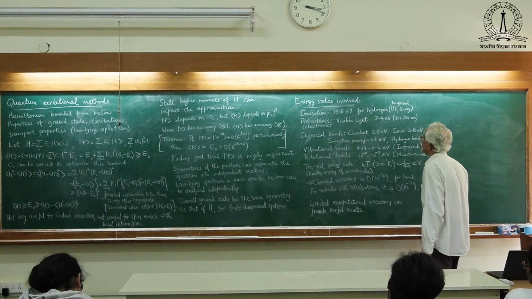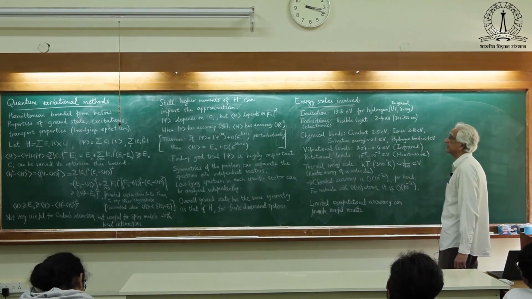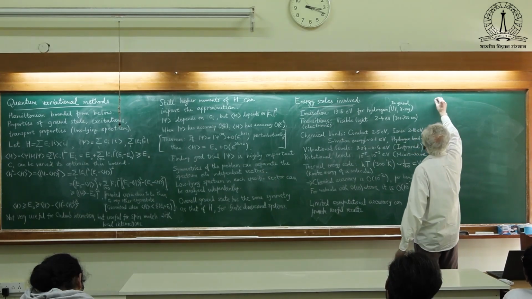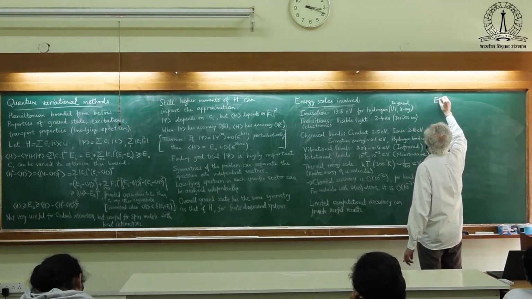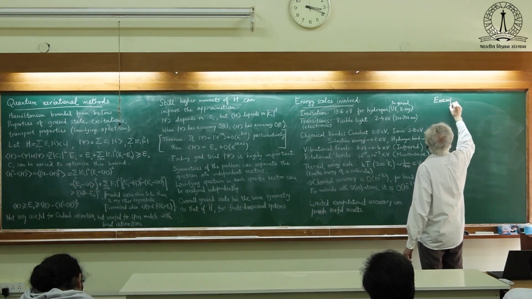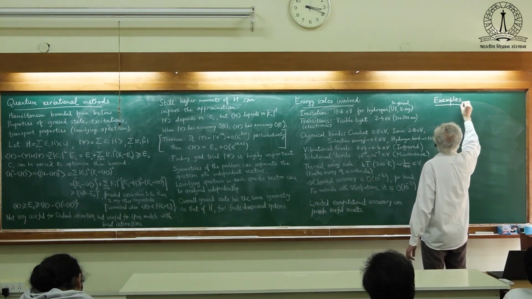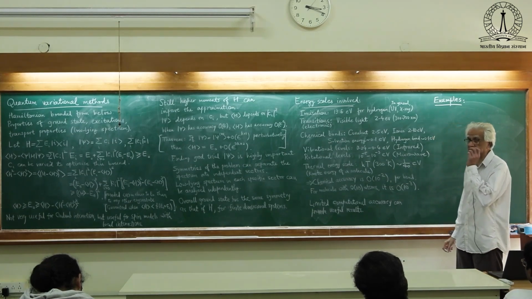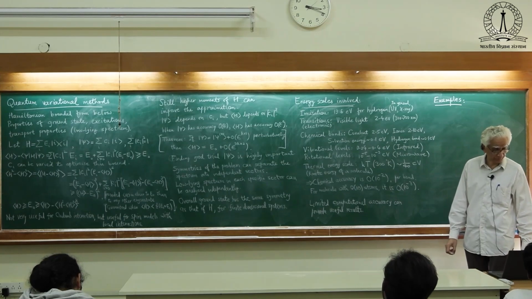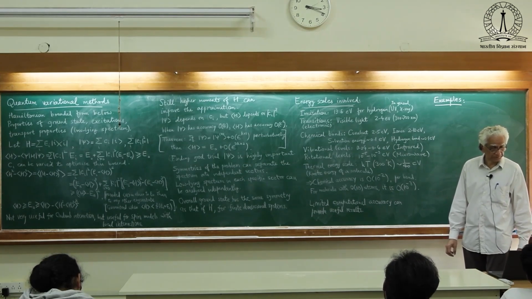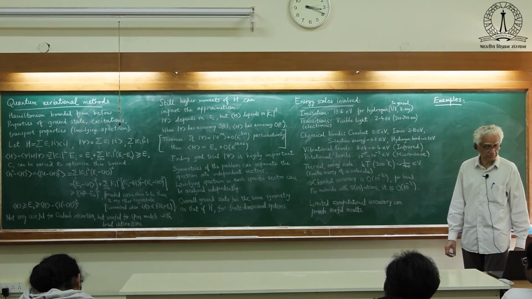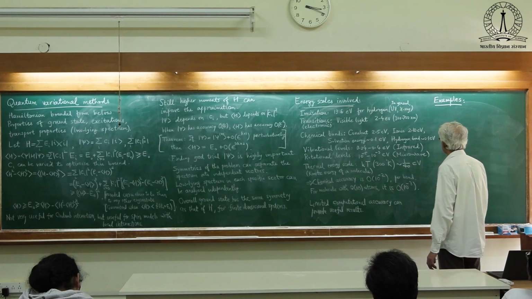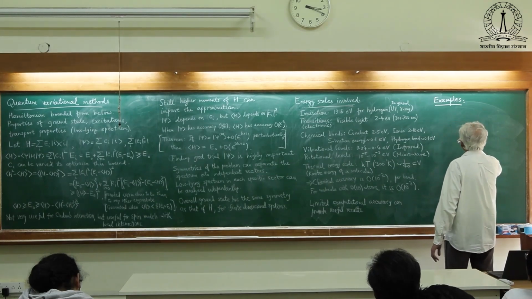So, fine. Now, let me give some examples explicitly of where this kind of numbers will appear, or where the conventional methods don't work very well.